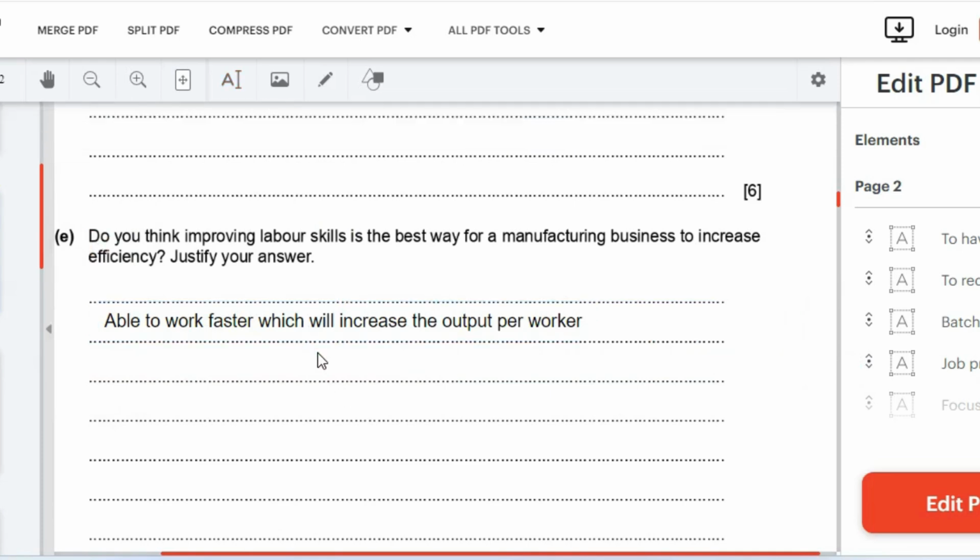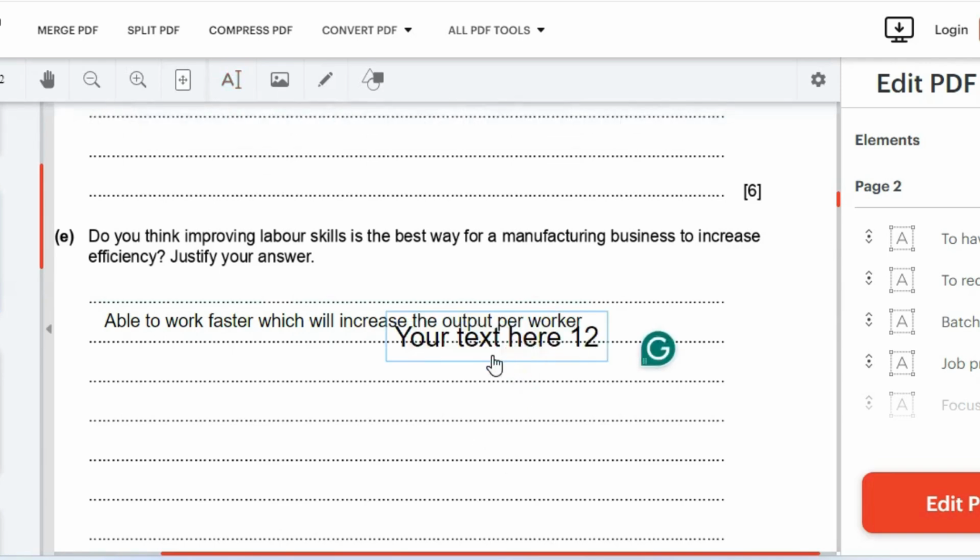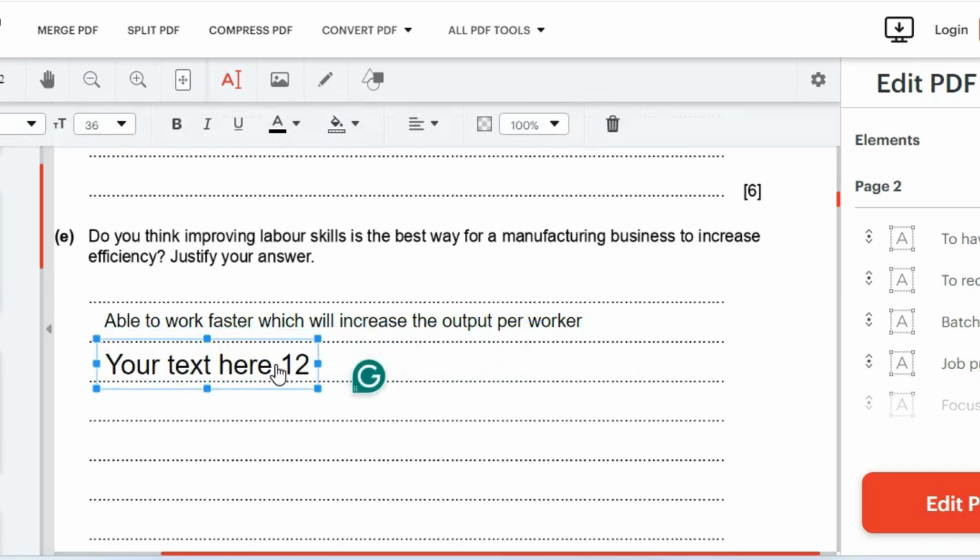Now, when improving labor skill, of course, fewer mistakes will be made, which can also lead to less wastage or rework. Let's bring out the point.